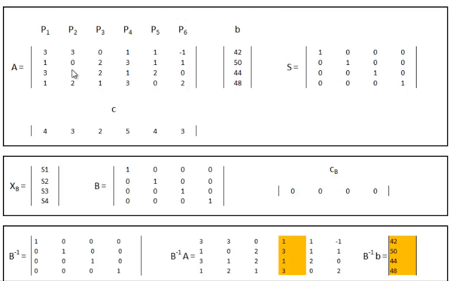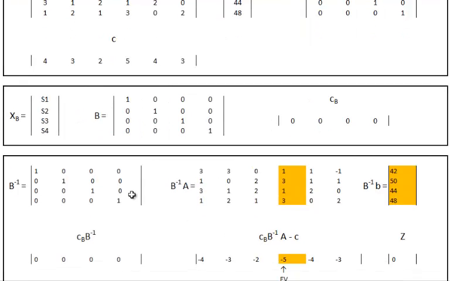Here's the other example. I have selected the same size problem. The numbers are a little bit different, and as we go through this problem, the first step, again, is the same set that we had, S1, S2, S3, and S4.